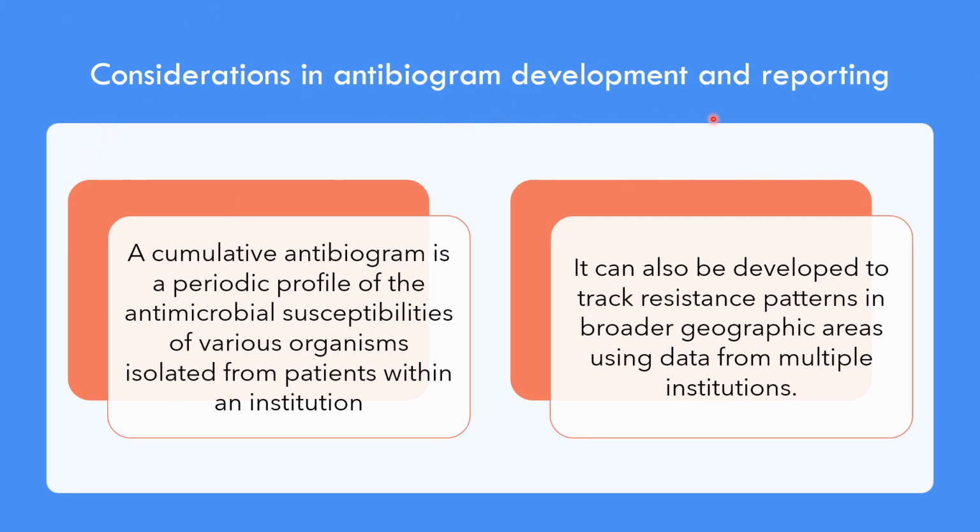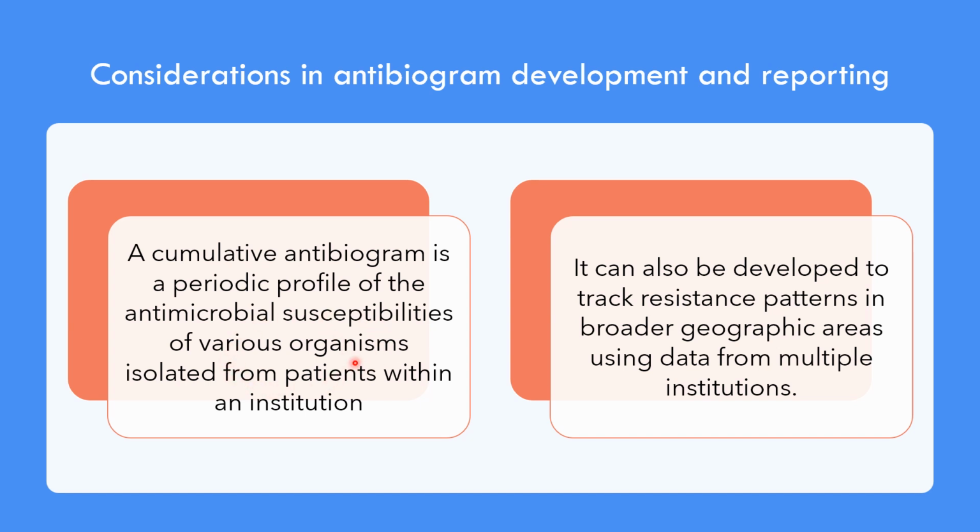Considerations in developing and reporting an antibiogram. A cumulative antibiogram is actually a periodic profile, so you have to define a certain period of time of antimicrobial susceptibility. You have to have antimicrobial susceptibility patterns in the facility, and you have to have an ID for the organism.